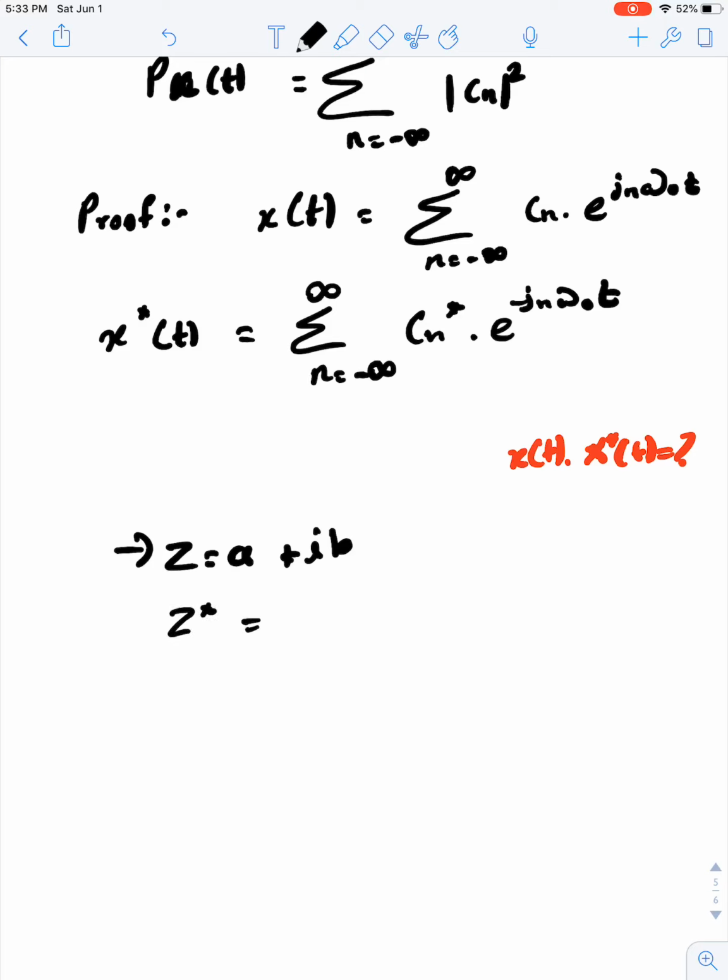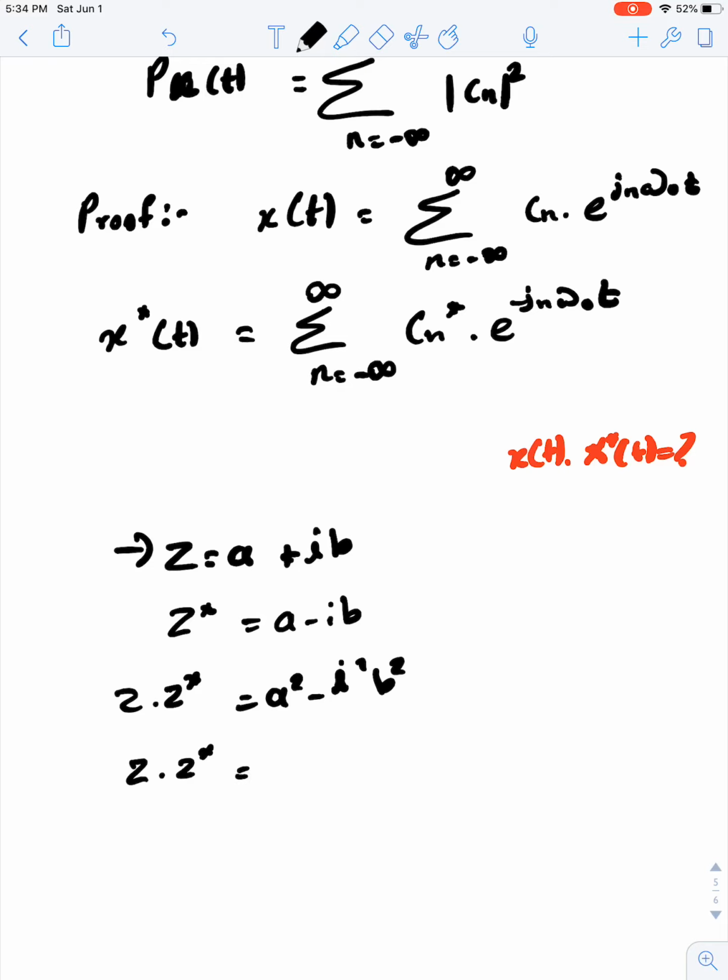Now in the same way we will write x(t) multiplied by x(t) conjugate. We will have the magnitude of x(t) whole square, and we know the formula of average power.